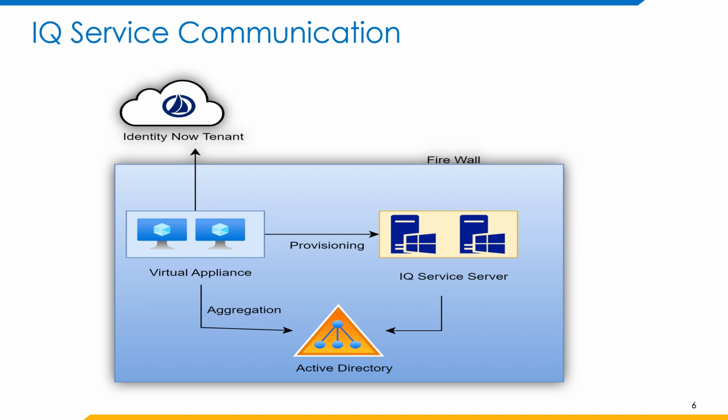IQ Service Server: IQ Service is a native Windows service that enables IdentityNow to participate in a Windows environment and access information only available through Windows APIs. It is a lightweight service that must be installed on any supported Windows server that has connectivity to the target systems you want to manage in IdentityNow.